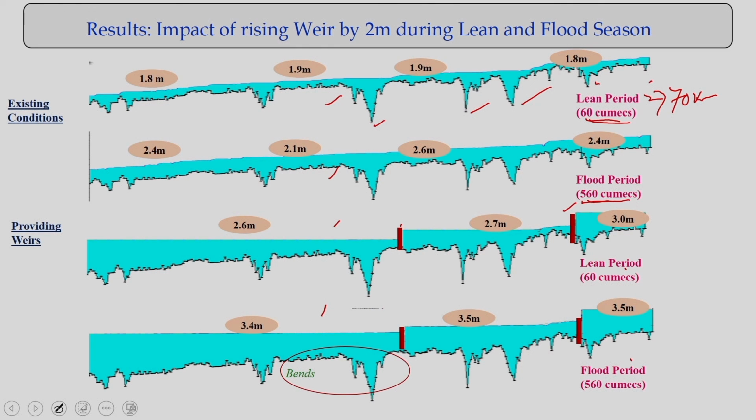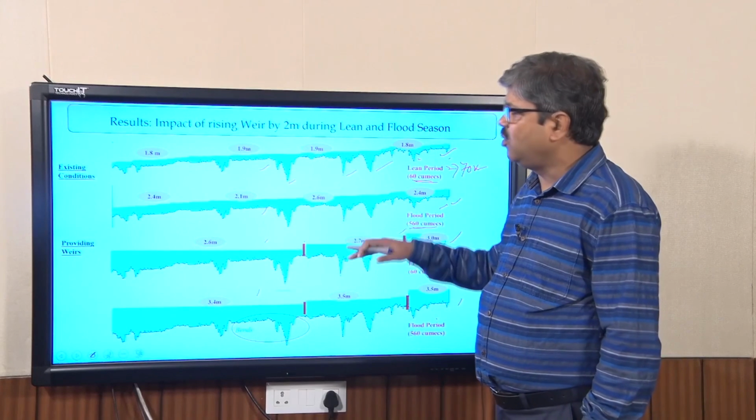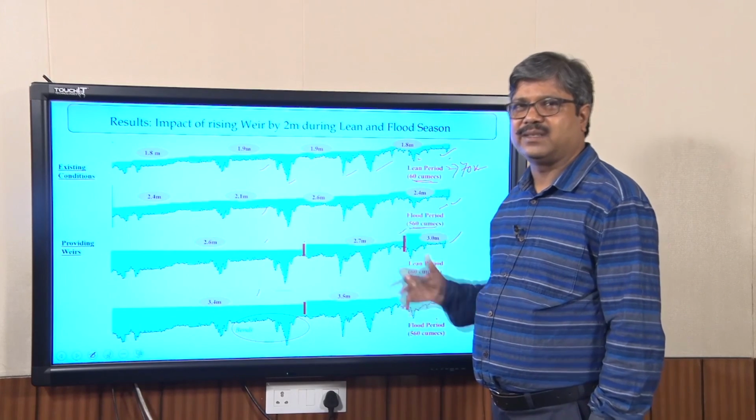All those details we can understand in a mathematical framework when you set up HEC-RAS models like what we have done. This is the present case without the weir structures. These are the two cases with the weir structures, how much flow depth is available and how much the velocity varies, all of which we can compute in HEC-RAS models.